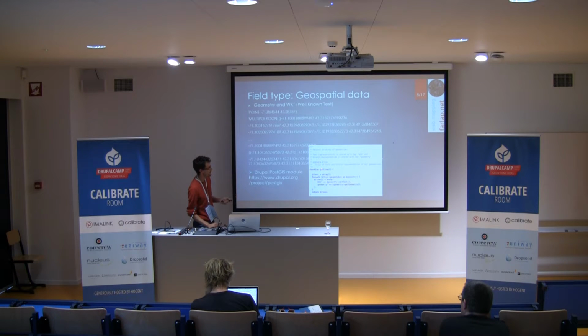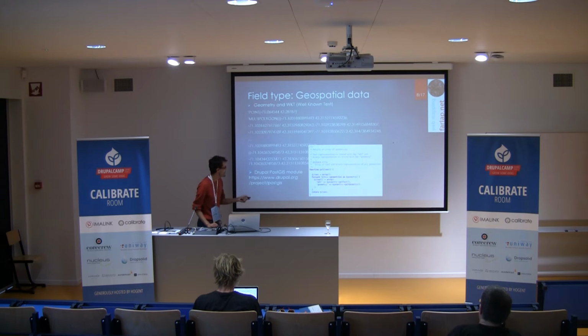If you are on your geospatial data on the field itself and you want to get the WKT representation of it, there is a function, get items, and then you will have an array that contains the WKT and the geometry. And once you have this, you can populate other fields, you can do string editing, and so on.